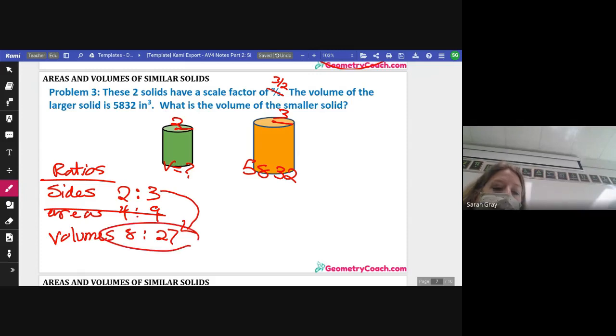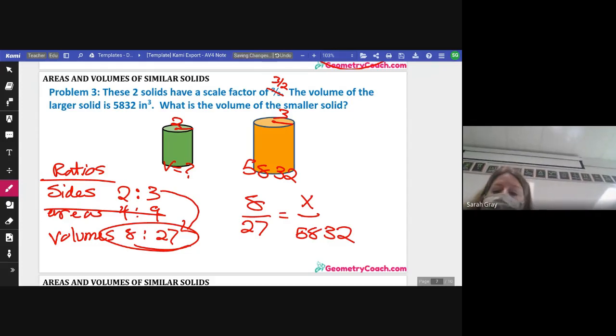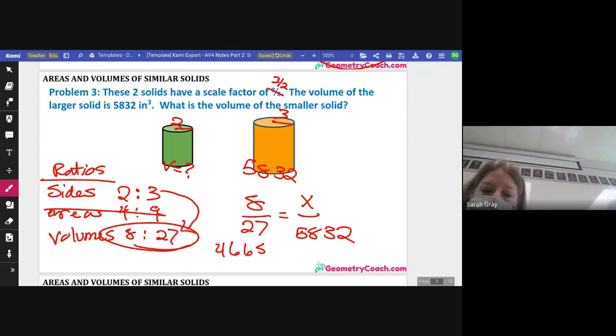Once you have the correct ratio, set up a proportion. Small over big, small over big. And then we're going to solve. 8 times that 5,000 number is 46,656.